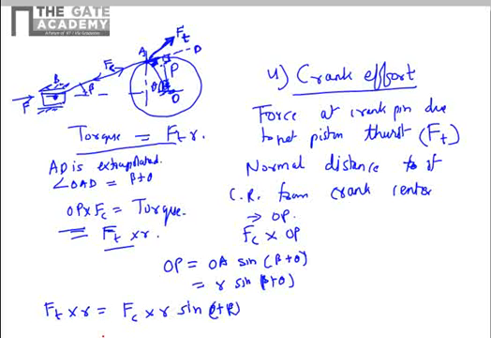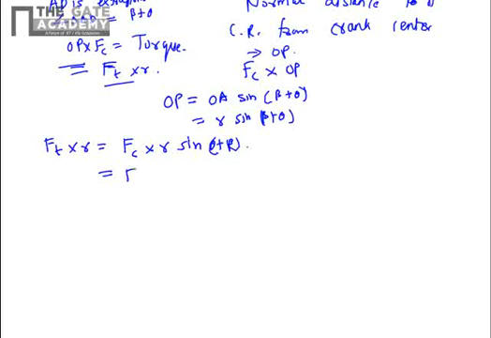Now from our earlier derivation of Fc, we know that Fc is equal to F divided by cos beta, that is the net piston driving force F, and R gets cancelled on both sides. So Ft is equal to F sine (theta plus beta) divided by cos beta. So this is the crank effort.